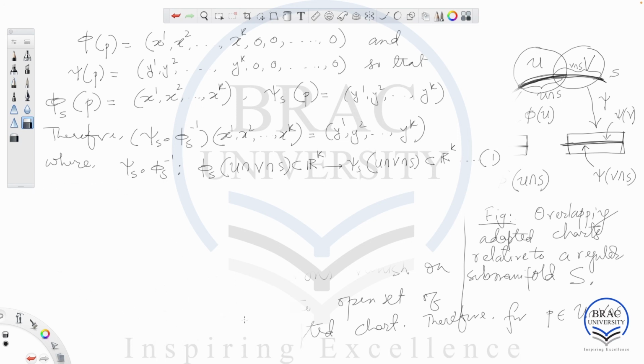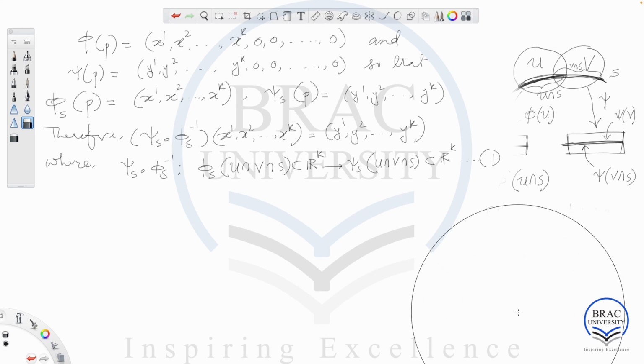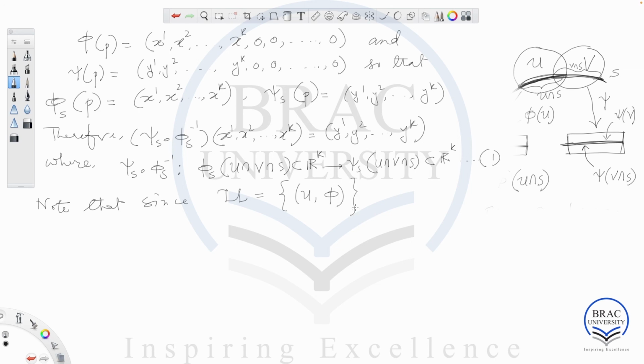Okay, so let me erase this bottom part. Note that since this collection calligraphic U, which is a collection of pairs u, phi, again, for notational clarity, we forgot the index appearing here, u alpha, phi alpha, right?